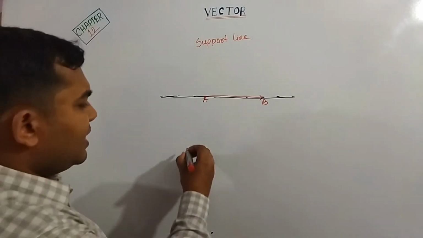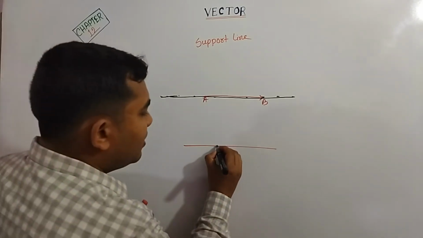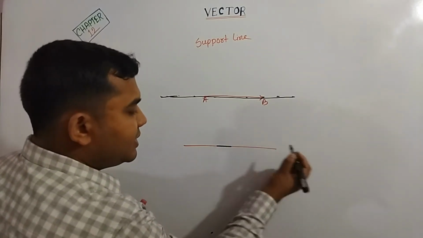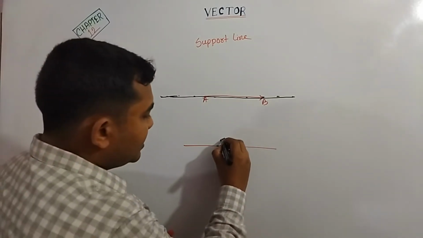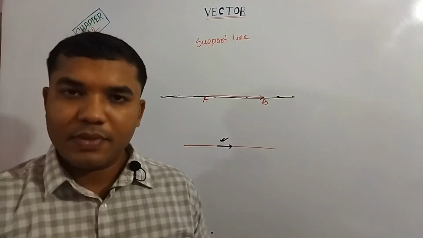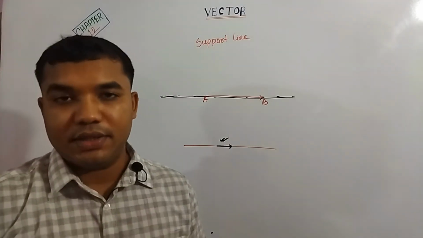So you can say that in any straight line, any part of the straight line is known as the support line. Clear? So the support line is also very important for the vector.